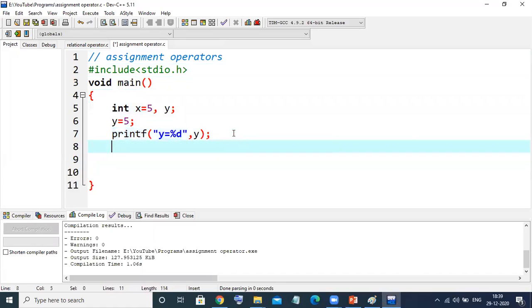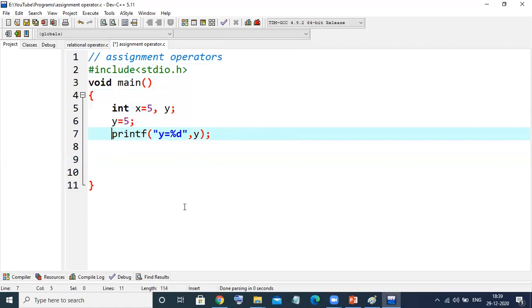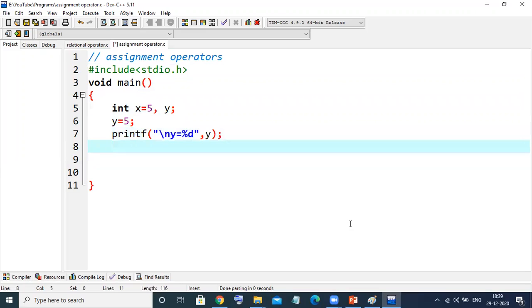Fine. Now we'll do some operations using shorthand operators here. For example, y plus equals to 5. What does it mean?